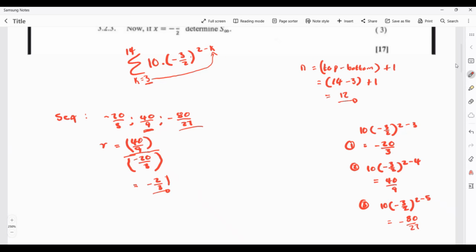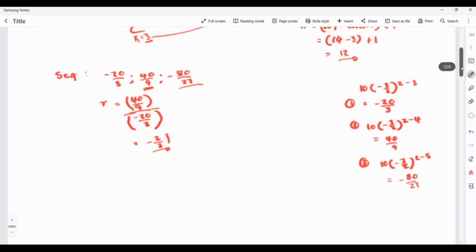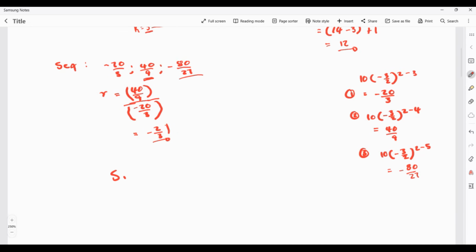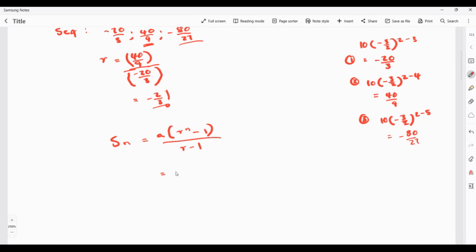So now we go straight to our formula, which is Tn equal to a into r to the n minus 1. This is the formula for geometric sequences. What is our first term? Our first term is negative 20 over 3. Then you open a bigger bracket because you need to put this common ratio in a bracket, and you have your n as 12, the number of terms, minus 1.